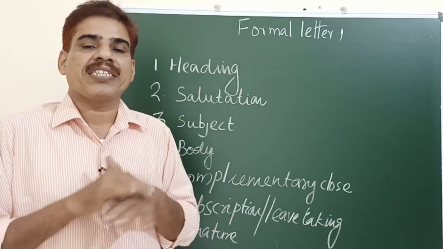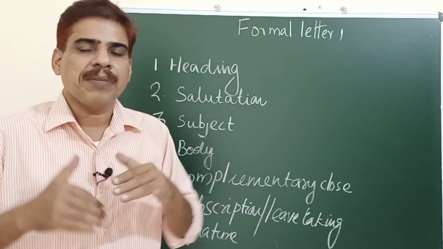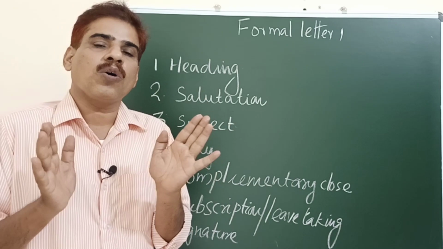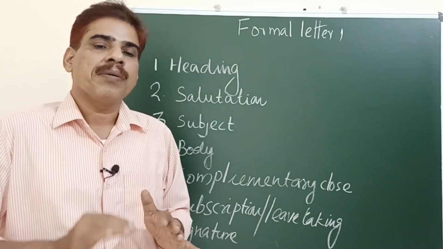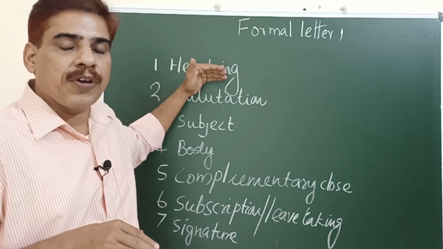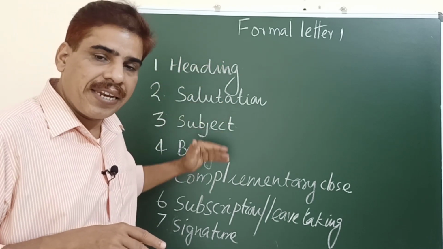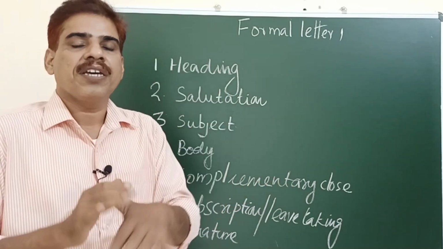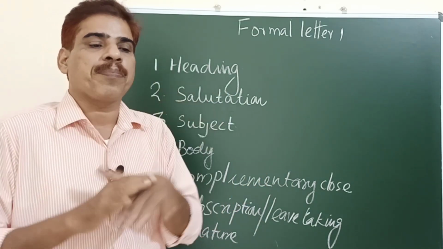That's a form of writing date. Just below you write the to address. There is no need of writing to and from, but straightly you can write in the beginning your address, then date, then to address. Then that part is finished. That is called heading part.